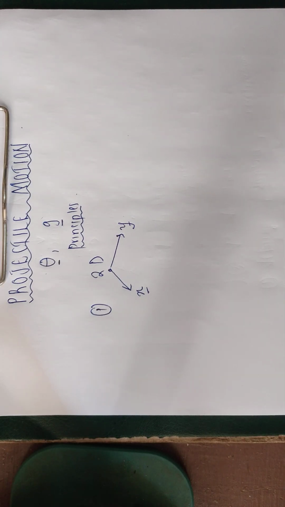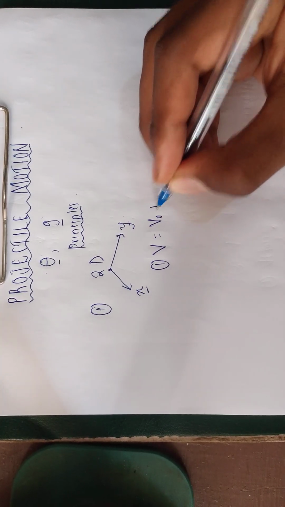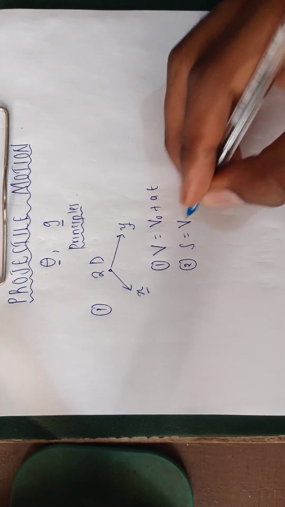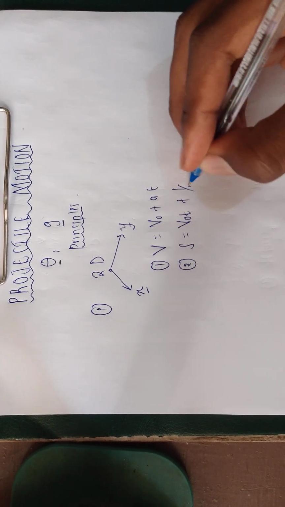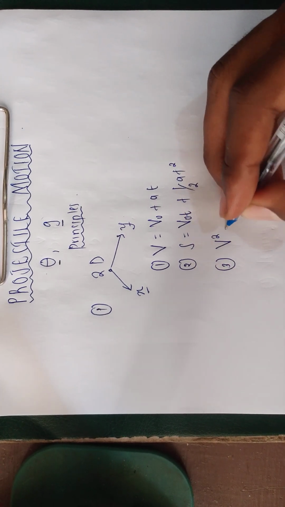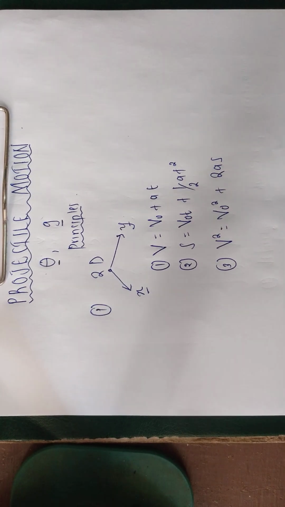Remember, when we're looking at 1D, the equations that we used were v equals initial velocity plus at. The other equation was displacement is given by the initial velocity times time plus 1 over 2 at squared. And the last equation was the final velocity squared is equal to initial velocity squared plus 2as.